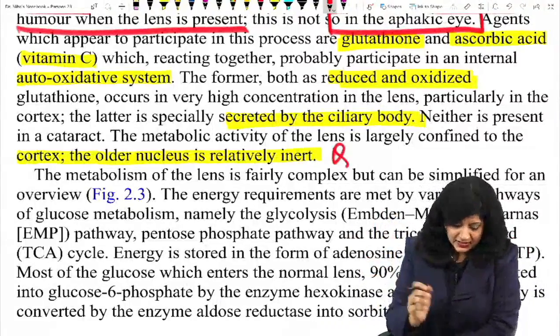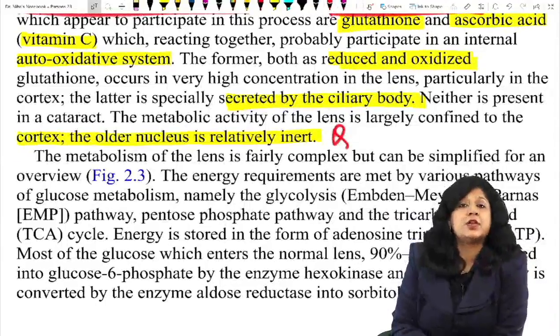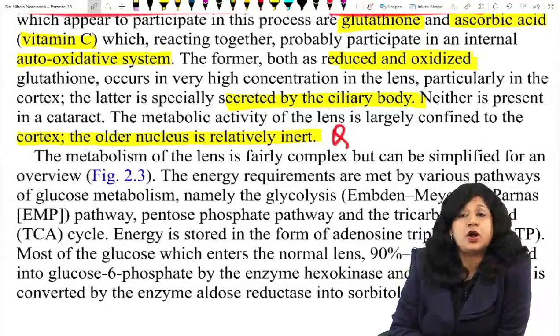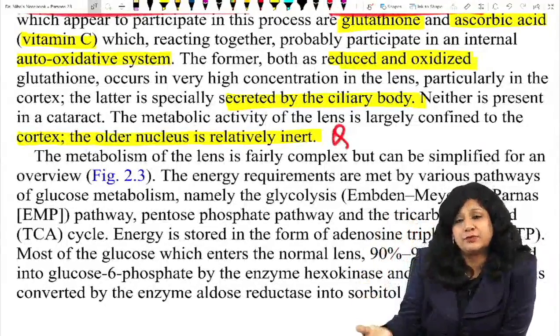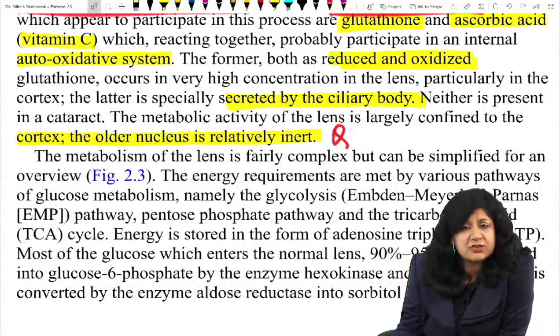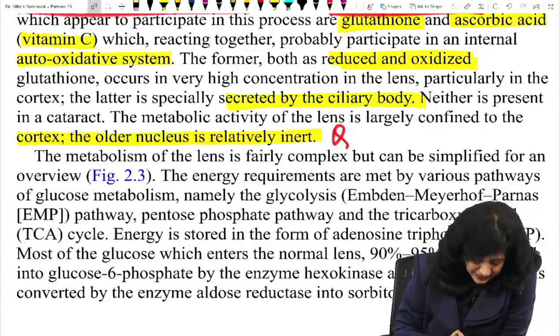But otherwise these things you already know, that the oldest part of the lens is the nucleus. The nucleus is inert. Then we have the cortex. The cortex contains the superficial fibers, and they are the metabolically active part of the lens. Then what is the antioxidative mechanism, what kind of metabolism takes place in the lens, everything like that.